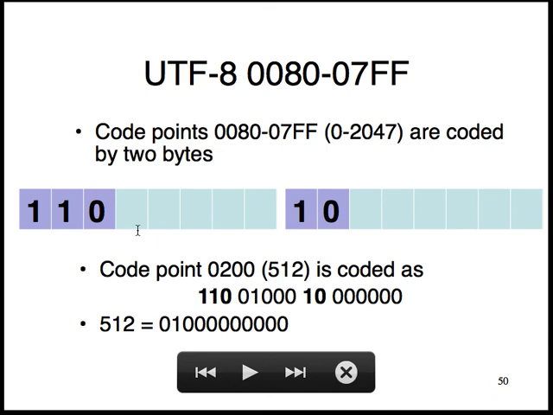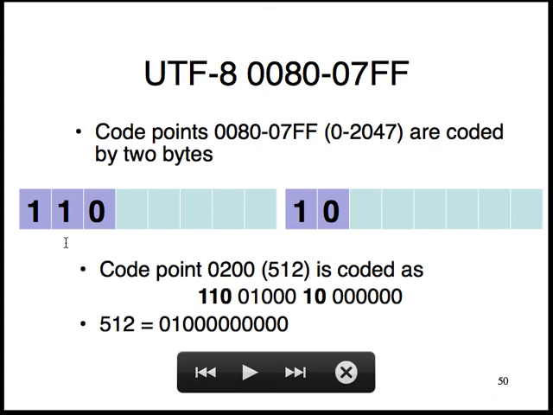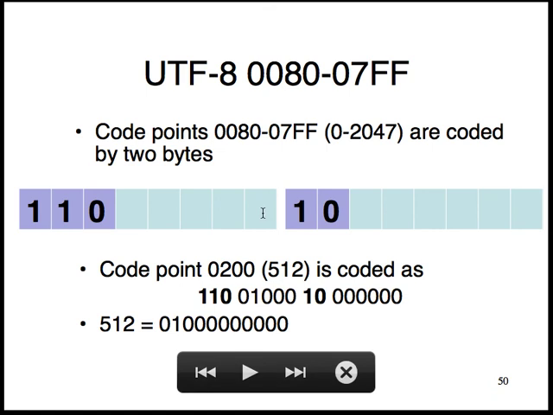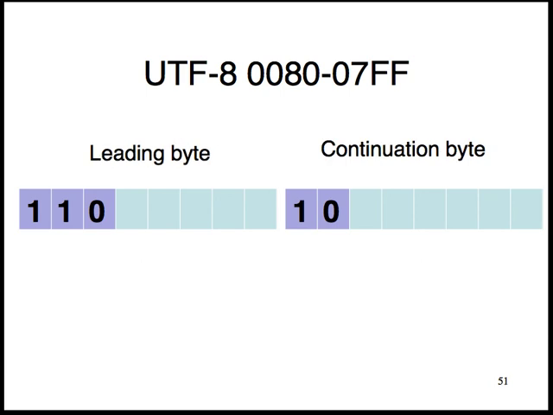And the first 3 bits of the first byte are always 1, 1, 0. Okay? So these bits here are a bit like metadata. They're not the information, they're stuff about the information. And then the payload is carried in these bits here. I might come back to this in a second, okay? So we call this first byte the leading byte, and the second byte is the continuation byte.